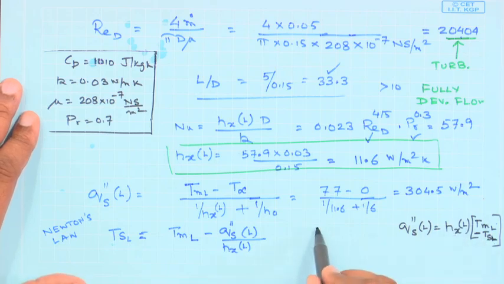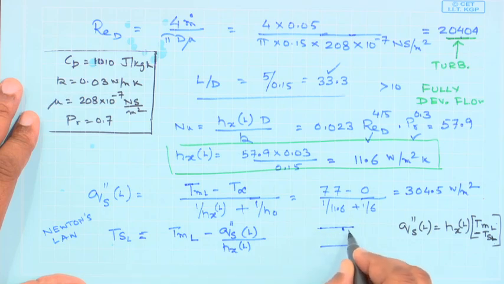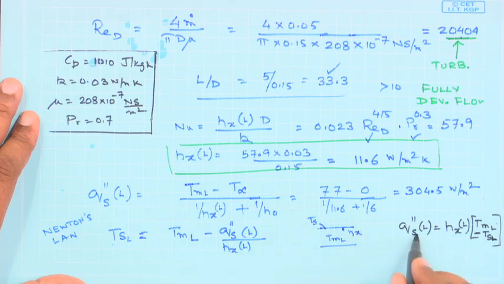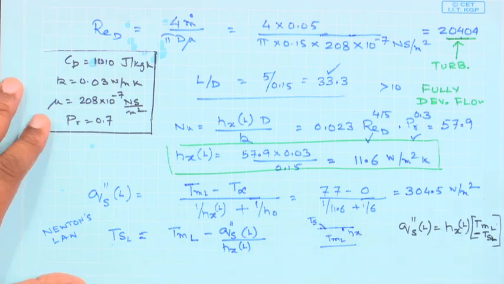So, this is my h_x, this is T_m,L, and this is T_s. T_m,L minus T_s multiplied by h must be equal to the heat flux.